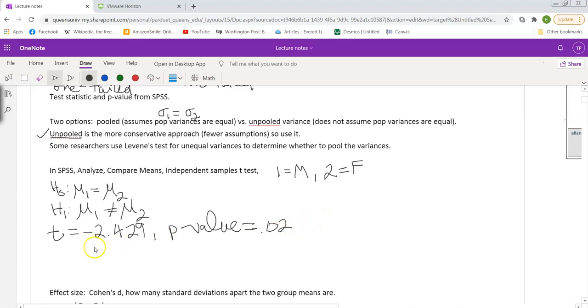And we're going to reject H0 if the p-value is less than alpha, or 0.05. This p-value is less than 0.05, therefore we will reject H0.